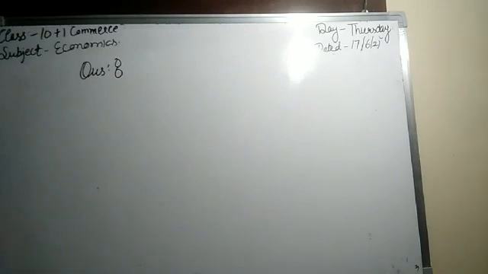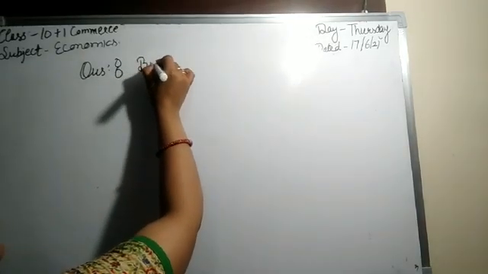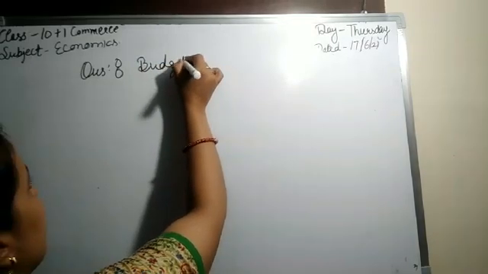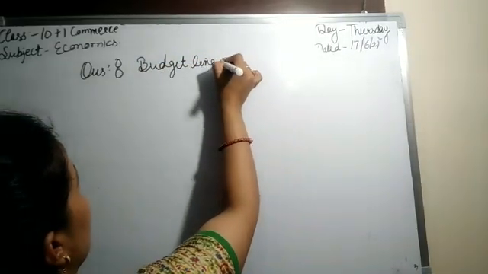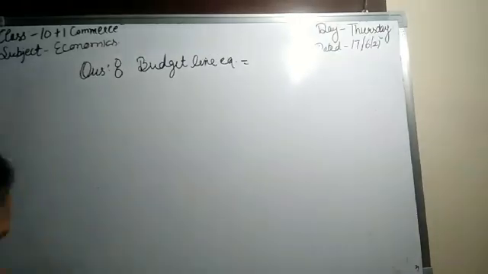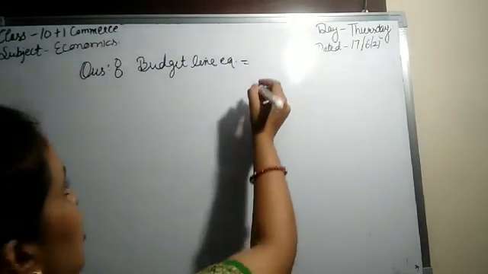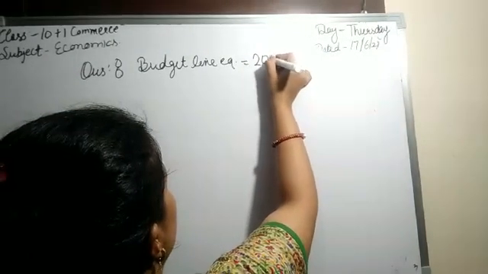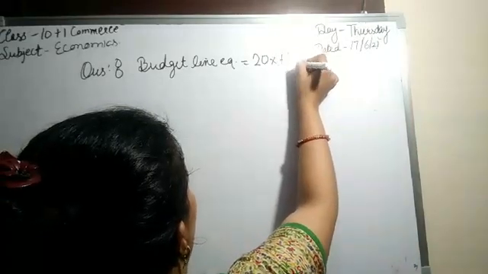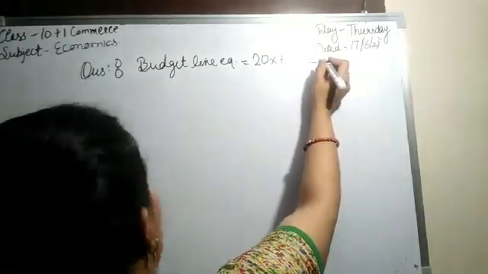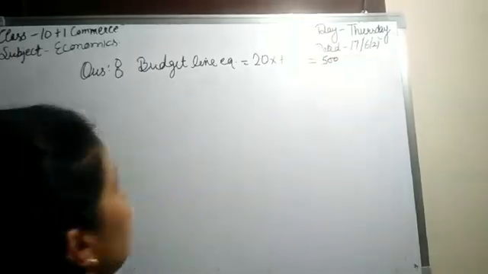In question number 8, the budget line equation is given to us. The budget line equation given is 20x plus 10y is equal to 500.